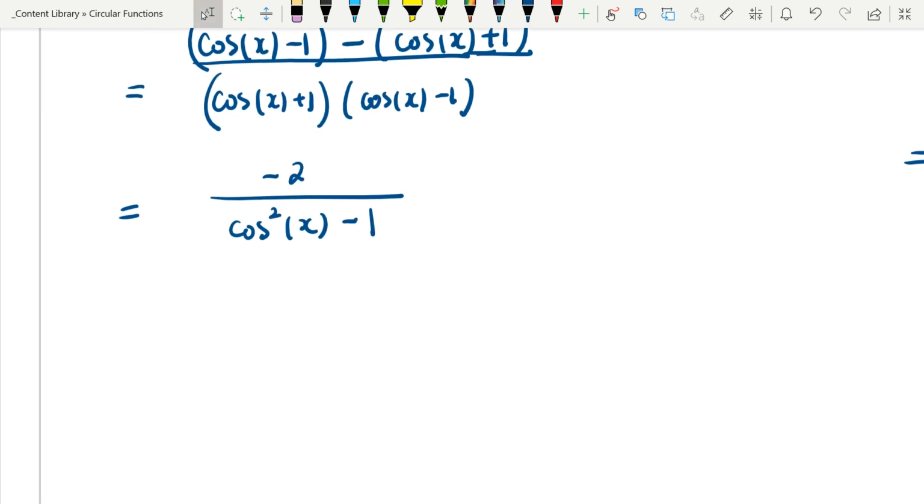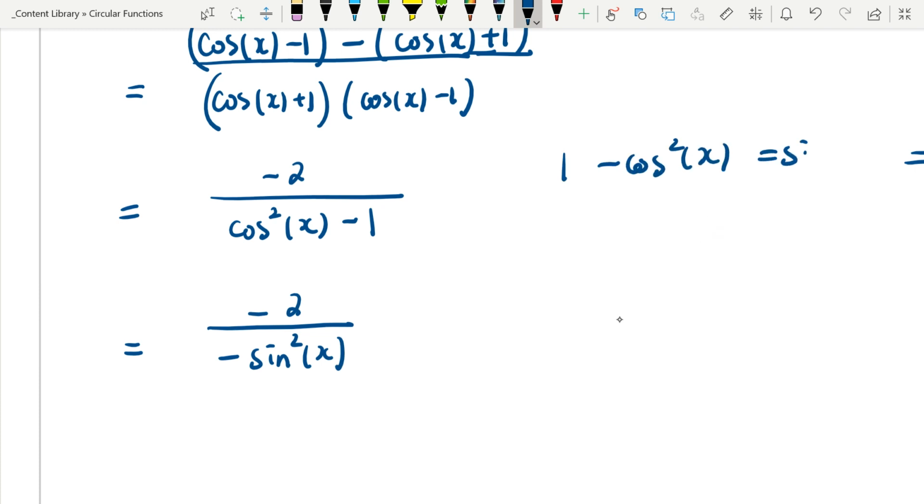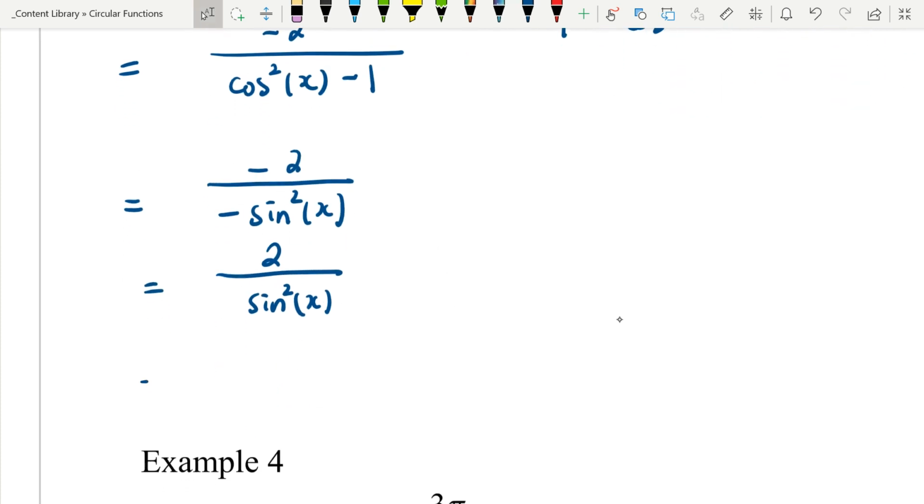What does the bottom become? Minus sine squared x, because 1 minus cos squared x gives you sine squared x, and if you flip it, it will be negative. You negate both sides, and that's just 2 over sine squared x, and 1 over sine is cosec squared x. Well, this really looks simple in the end.